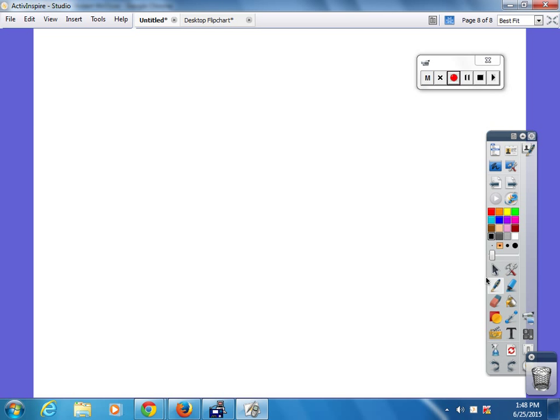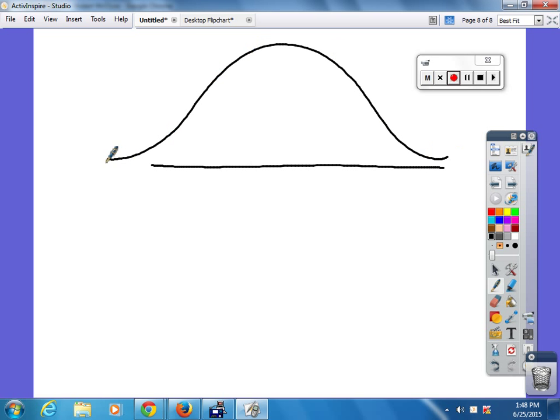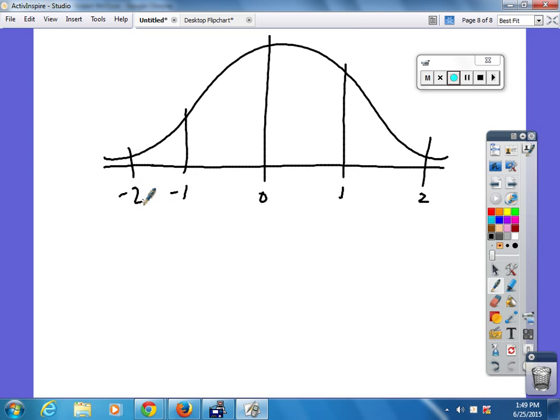Alright. I want you to tell me the area between, and I'll put the first one in red since I'm going to make it negative.